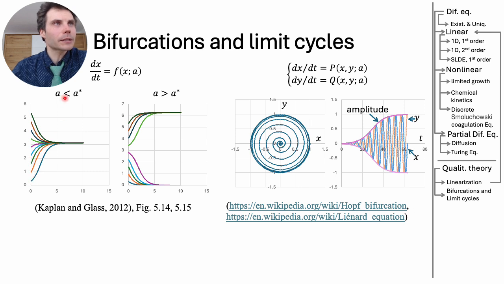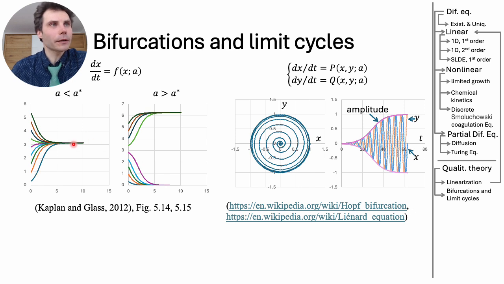So when a is very close to a asterisk, regardless whether it's smaller or larger, the initial behavior of the equation in a close proximity of 0 will be very similar. But beyond that small region, yes, the long-term behavior does become different, and the original theorem doesn't state anything about it.